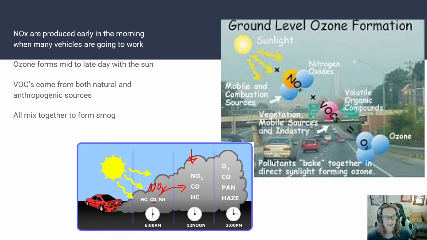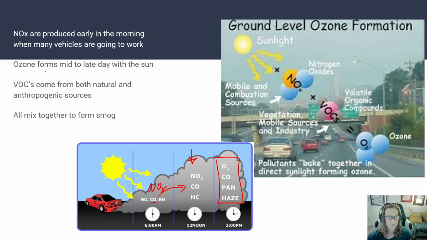And then at the end of the day, we've got VOCs, volatile organic compounds, just from industry, cars as well, and sometimes in nature, and they all mix together to give us these more complicated secondary pollutants. And so it's kind of this weird mix of circumstances that create this to happen.